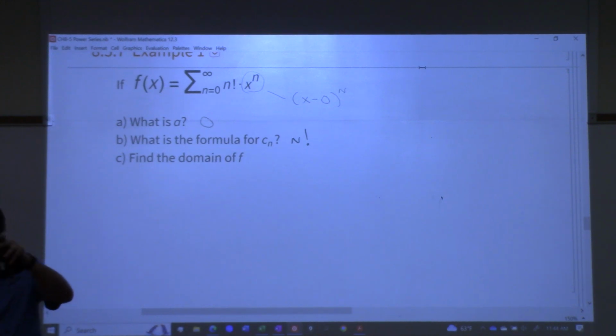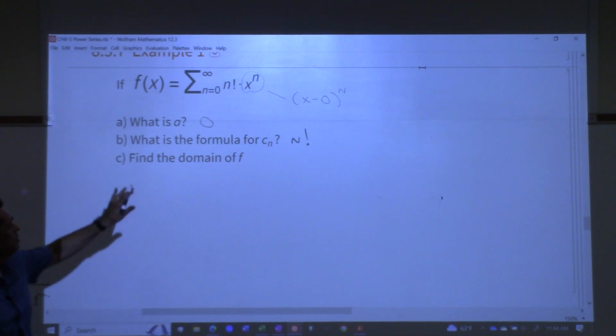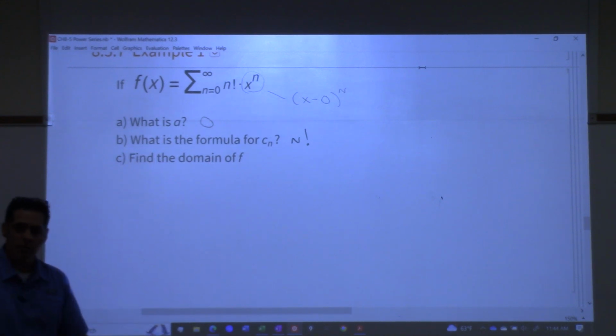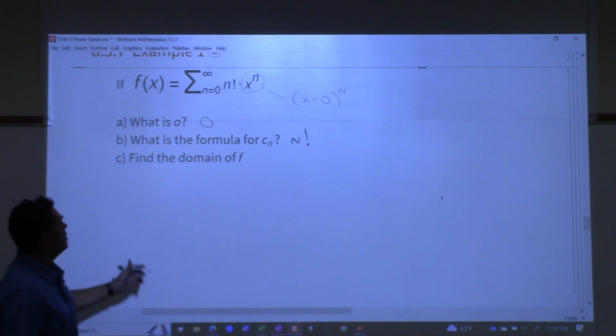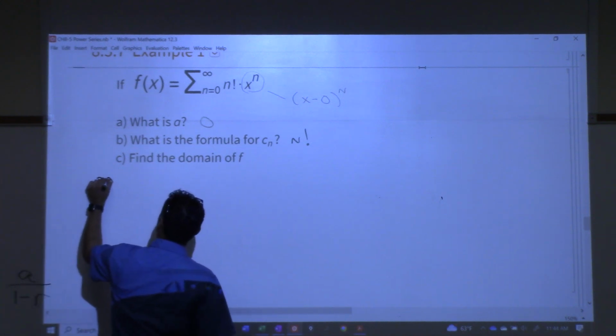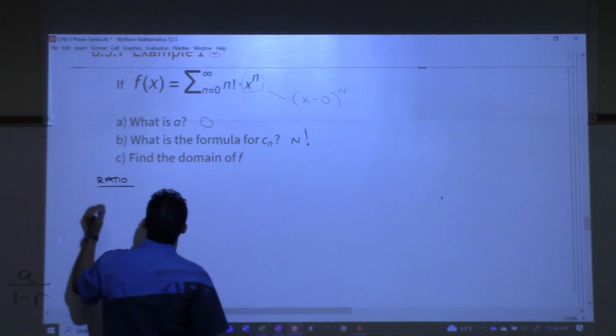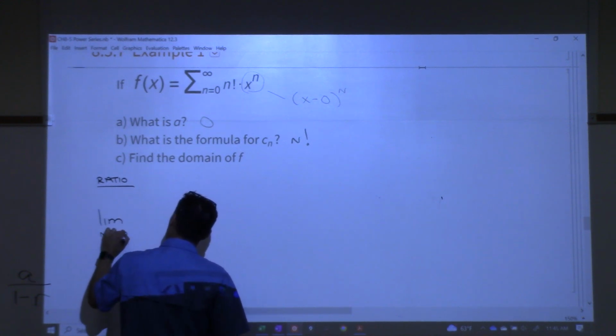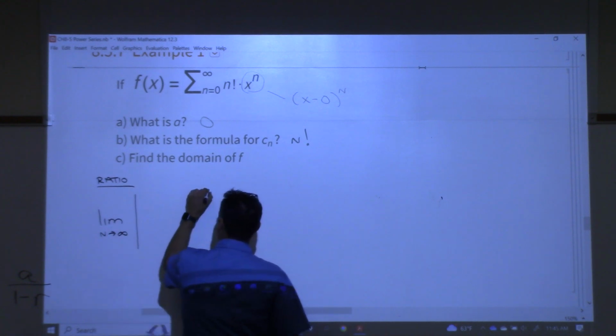And then I have this list of tests to do, right? And there was one test that I called the almighty test, and it was the ratio test, right? I'm going to run the ratio test on that series right now. And hopefully from that I can conclude that it converges somewhere. So ratio test. I want to take the limit as n goes to infinity of the absolute value.